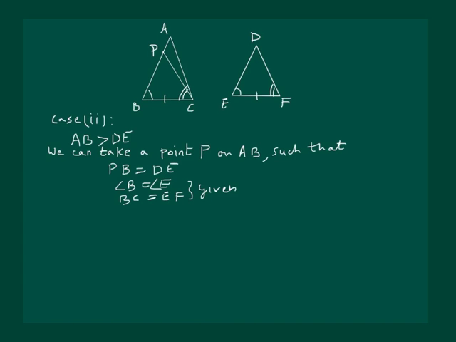So that means triangle PBC is congruent to triangle DEF by the SAS axiom. Now, since the triangles are congruent, all the corresponding parts will be equal.